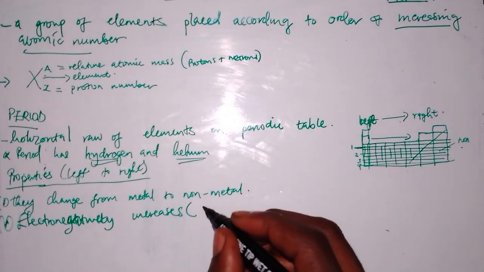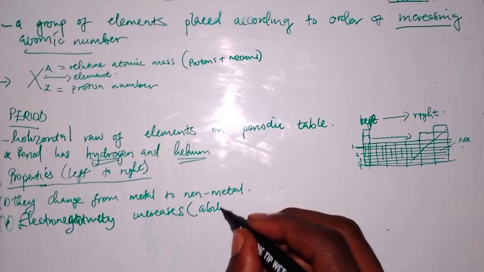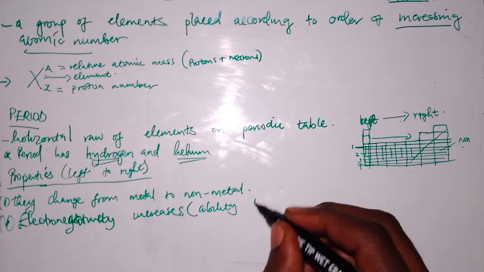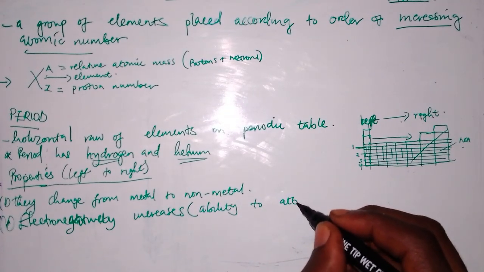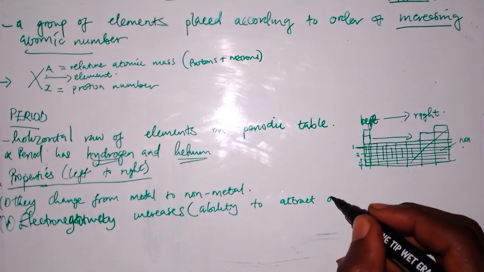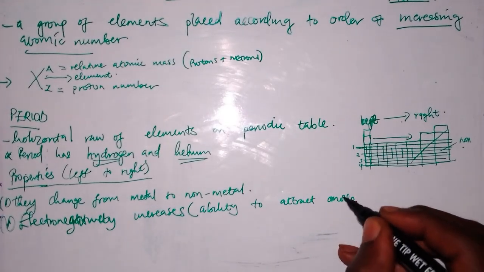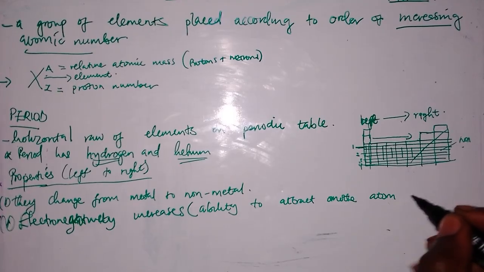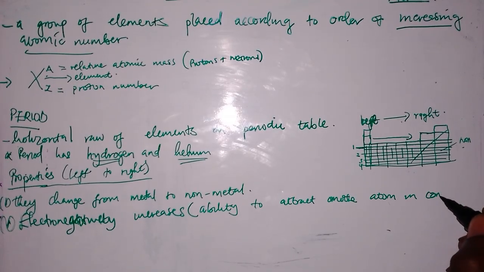So electronegativity is the ability to attract another atom in a covalent bond.